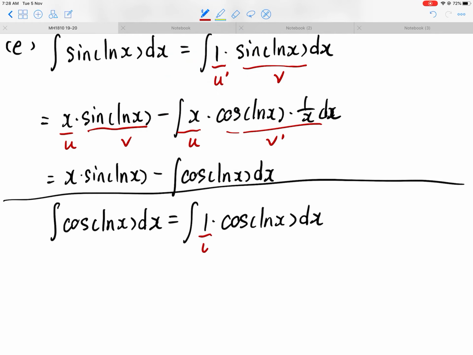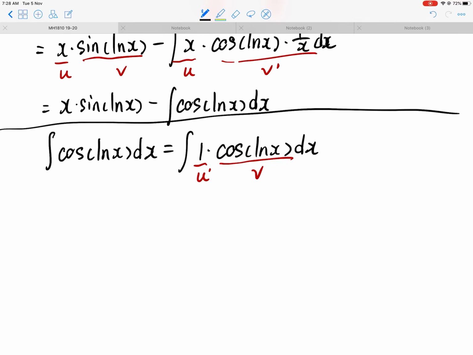This is your u, this is your v's derivative. The first part is u times v minus the integration of u times v's derivative.